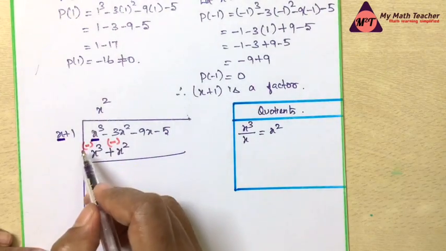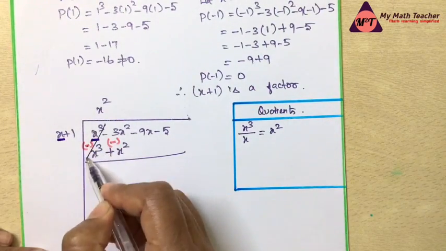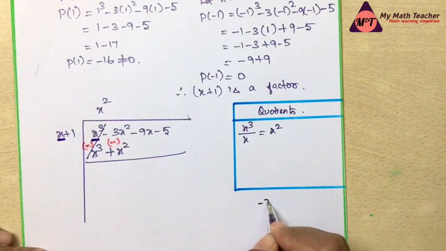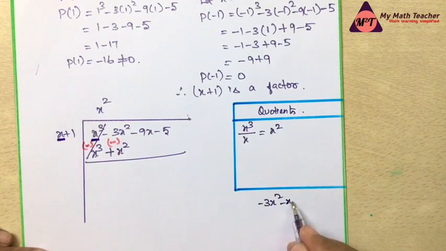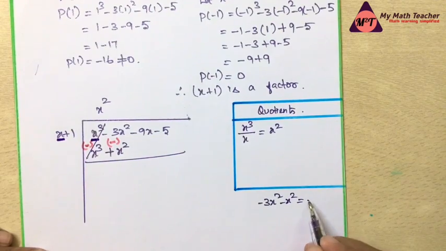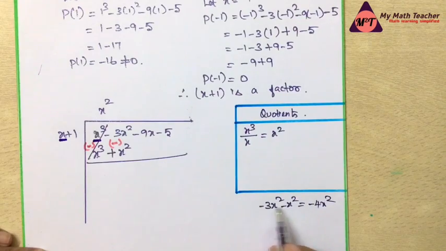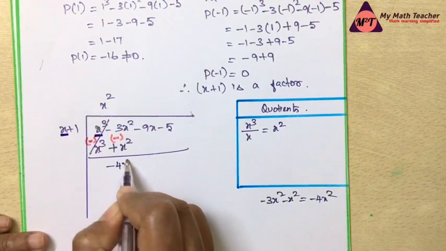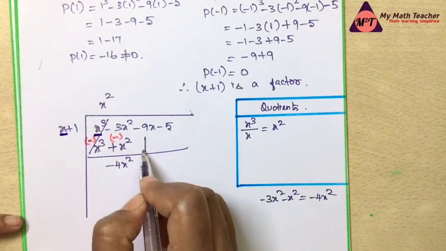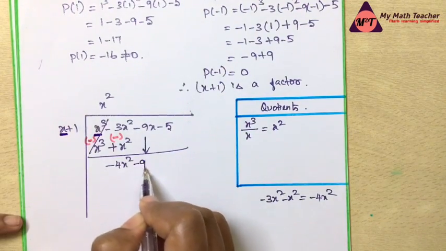Now x cube minus x cube, it is 0. The same way minus 3x square, now it is negative x square. Now when you add it, it will be minus 4x square, because both are like terms. Add the numbers, it is minus 4x square. Bring the next term here, that is minus 9x.